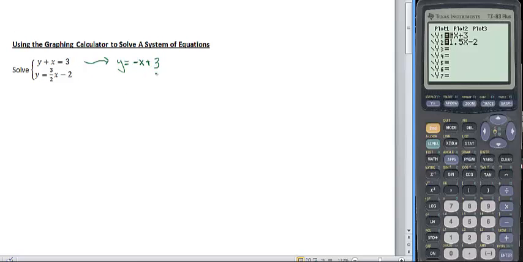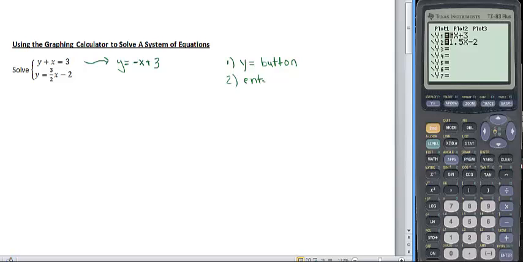I need to put both of these into my y equals of my calculator. So step 1 is to put it into the y equals button, and then to enter your equations.